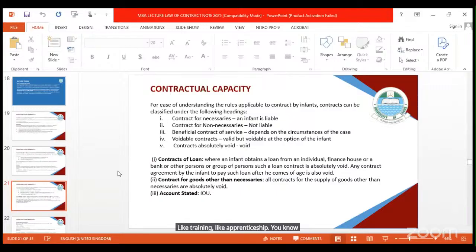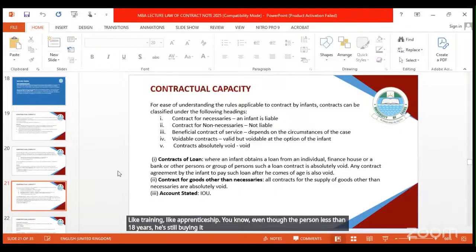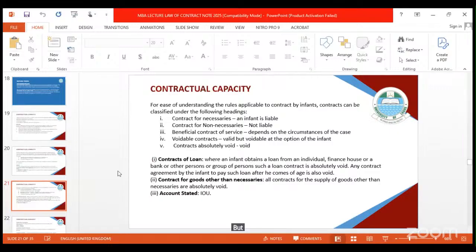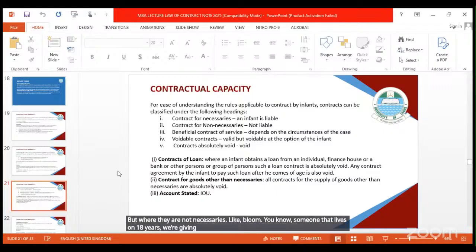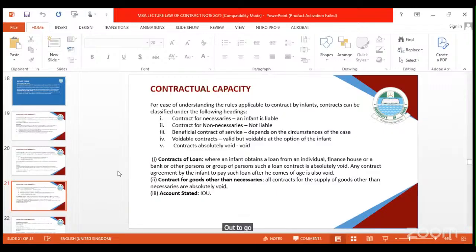Even though the person is less than 18 years, it's still binding because they require that to grow. But where they are not necessaries, like a loan, giving someone less than 18 years a loan, it is not binding. So all goods or services that the child did not need in his life are not binding.